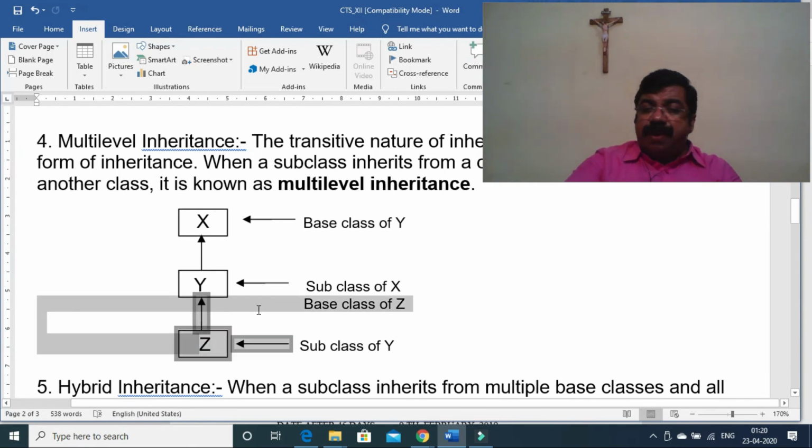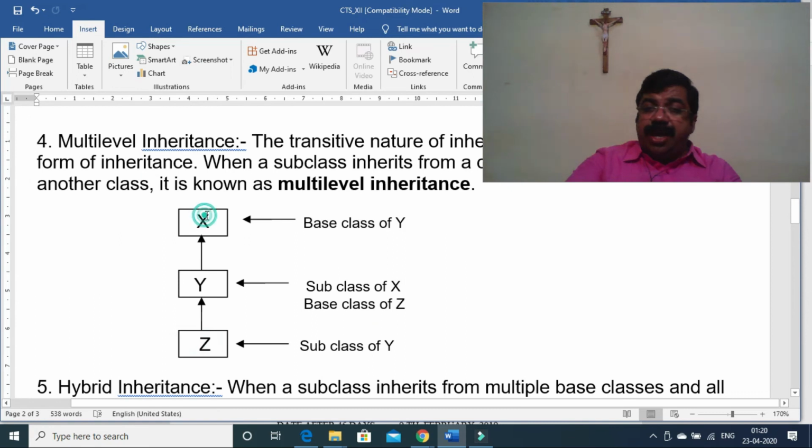The relationship from Z to X is known as transitive relationship.